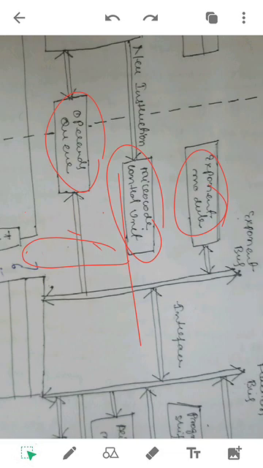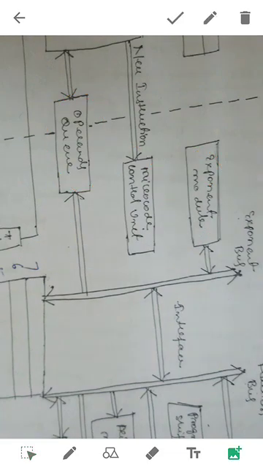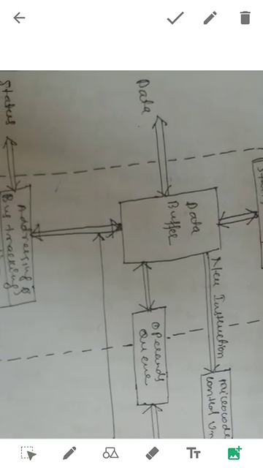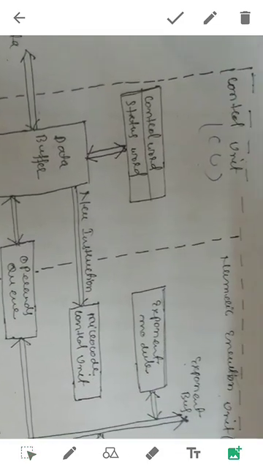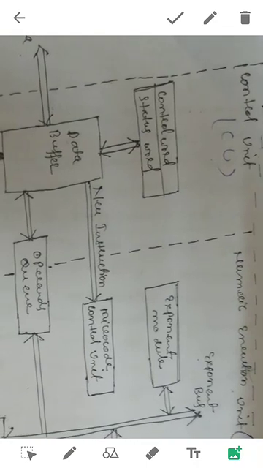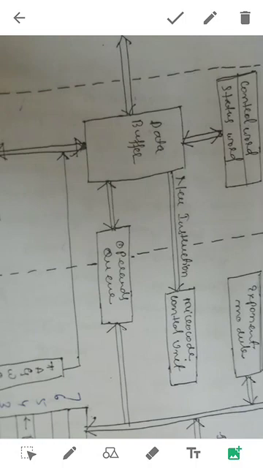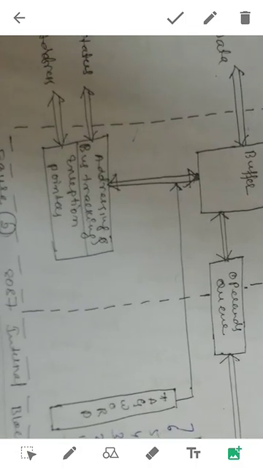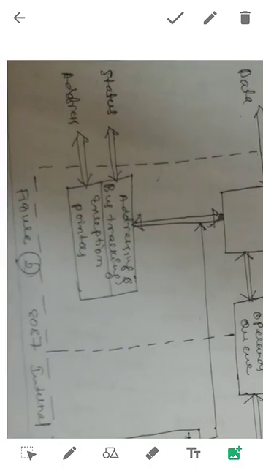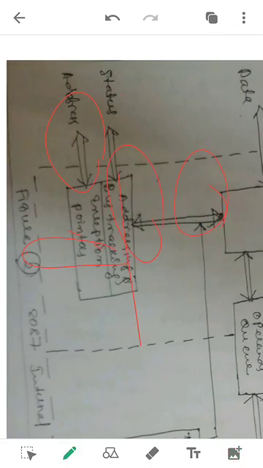So let us see the detail. In the control unit we have the control word, here you can see, and status word, data buffer, operand queue, addressing, bus tracking, expansion pointers. Here we have the status and address.